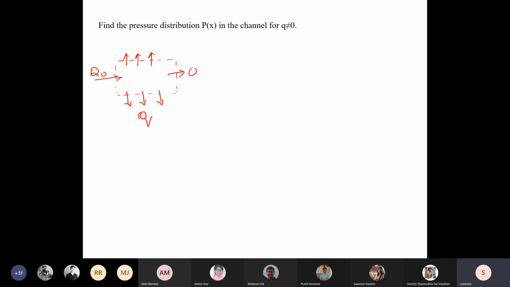Q is therefore a function of x, and it can simply be written as the starting value minus 2qwx. The 2 denotes that you have leakage from the top as well as from the bottom.